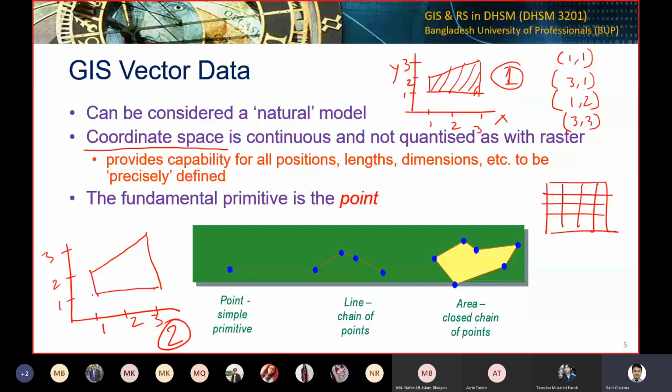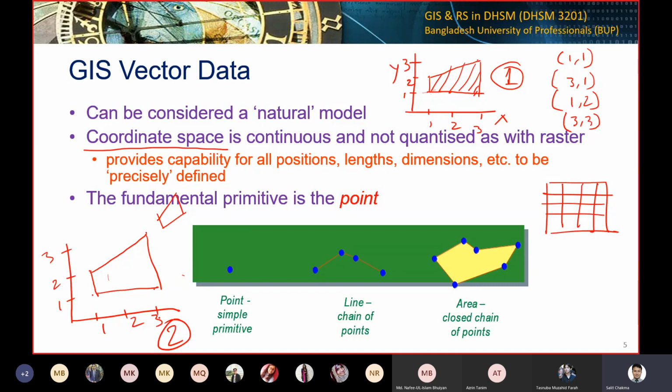If you force it, it will match the values of these points, 1, 1, 3, 1, 1, 2, and 3, 3, and map them. But then when you start to compare with other objects, you realize that the area you have drawn on your software is actually located in this part, this location, and the size is actually smaller.